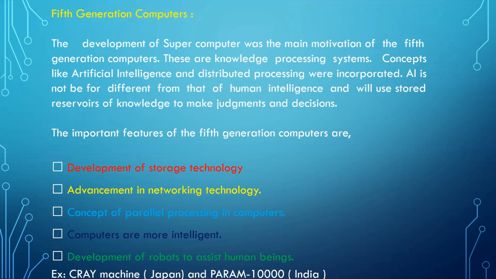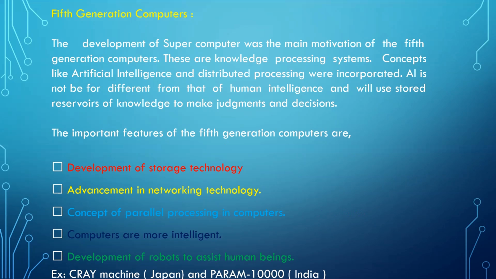So after the development of the supercomputer, we got one more generation of computers that we call the fifth generation computers. The development of the supercomputer was the main motivation for the development of these computers. In the fifth generation computers, the artificial intelligence concept as well as distributed data processing concepts were used.